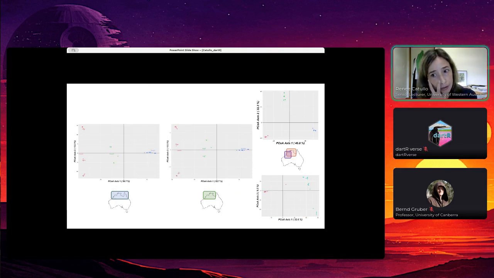So this is just a PCA on all of those variables, all set to the same individuals in my two species. This is when it's called with a bunch of other species. This is when it's the two species and hybrids, and then the two species separately. The main thing I want to point out is that although our structure hasn't substantially changed, our amount of variance explained goes down.